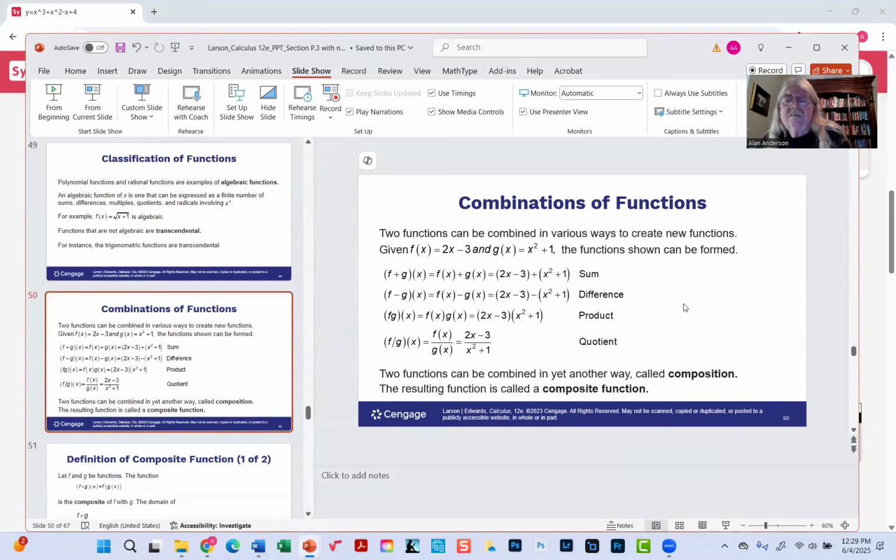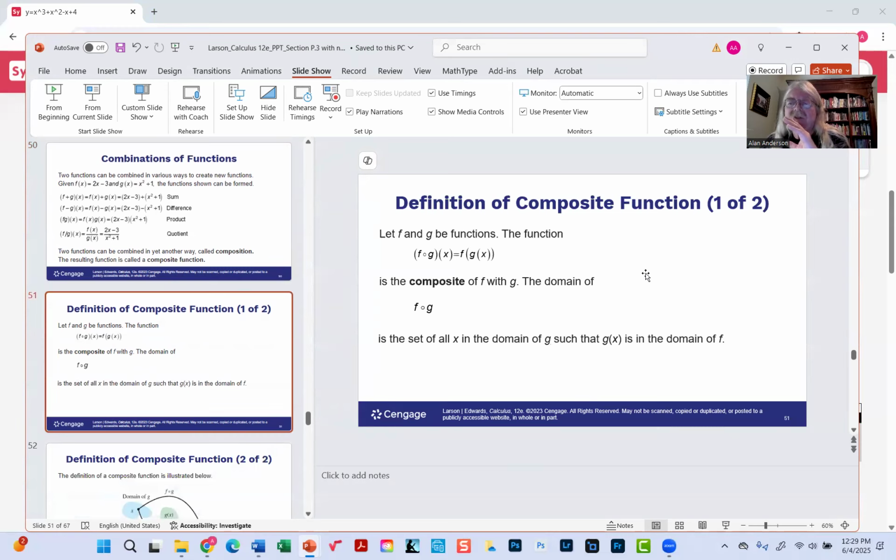Here they're showing you different ways you can combine functions. They're very straightforward. You can add them directly, subtract them, multiply them out, or divide. But the one thing that we did see in pre-calculus, but still takes a little getting used to, is the idea of composite functions, where one function is a function of another.